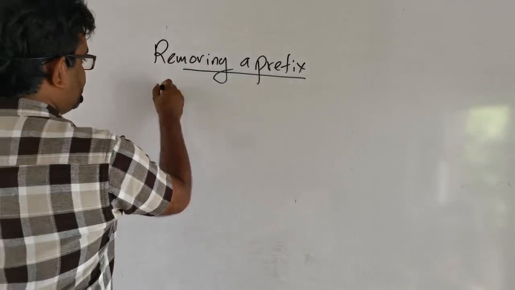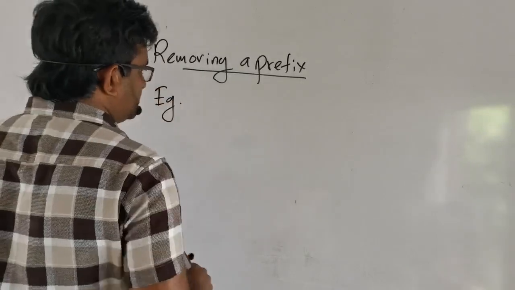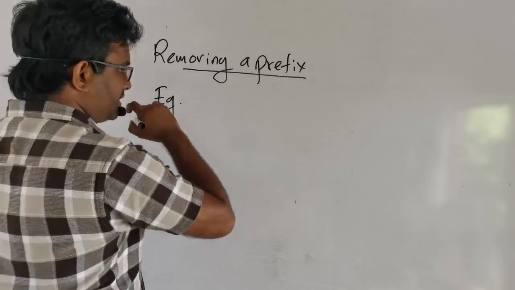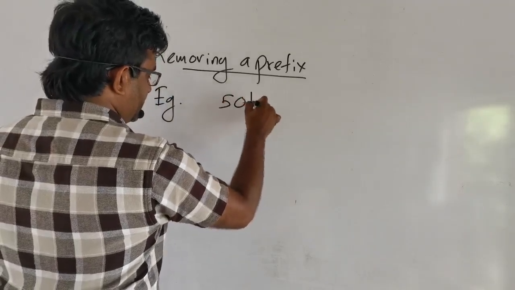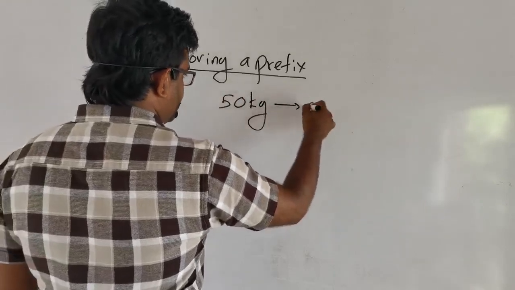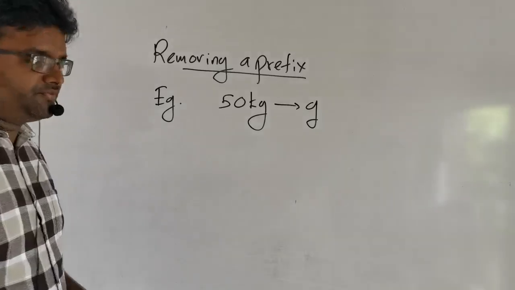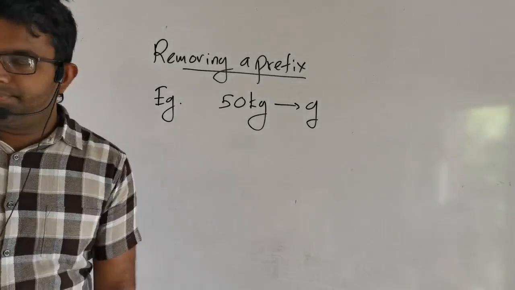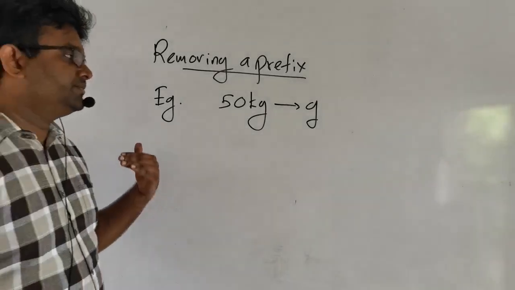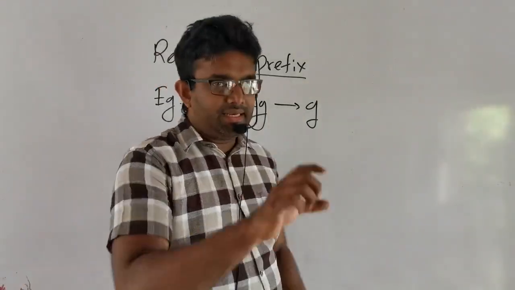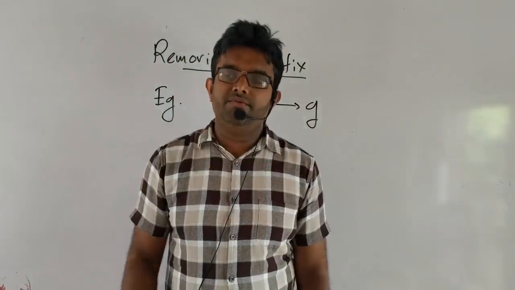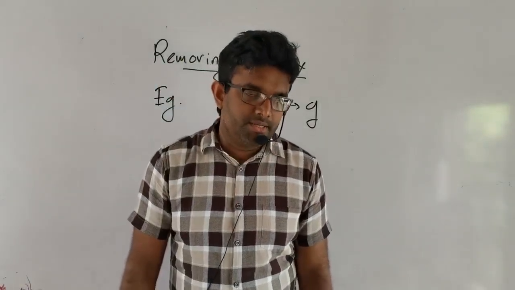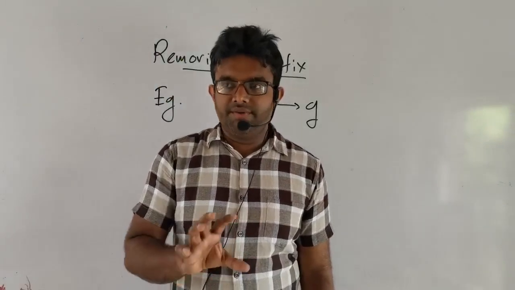First example, write down: convert 50 kilograms into grams. Put a highlight on that: insert the numerical value of the prefix instead of the given symbol.